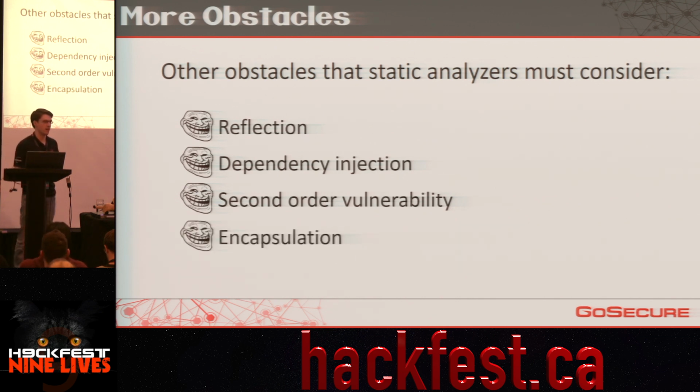Encapsulation. Static analysis tools make a big effort at identifying APIs. There are standard APIs in every language to do all kinds of stuff: parsing XML, SQL stuff. The thing is that developers will wrap those APIs in a library for more efficiency. It's not a bad practice, but for static analysis tools, it makes it harder to see those APIs because they will potentially flag only the wrapper API.